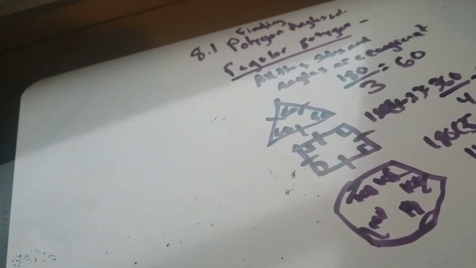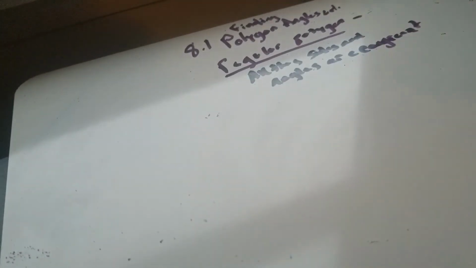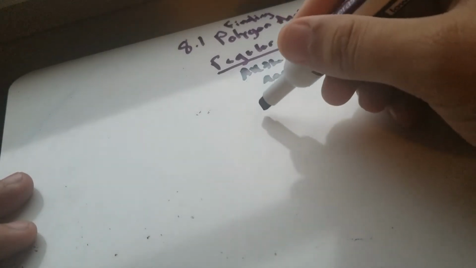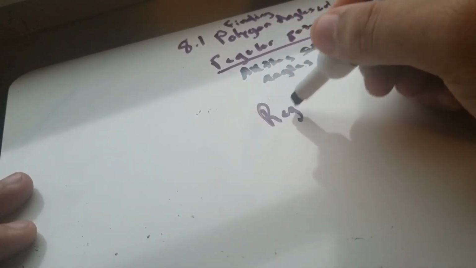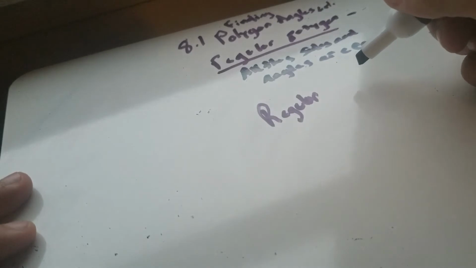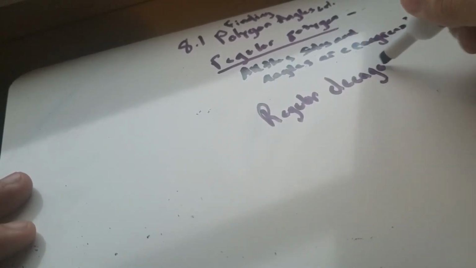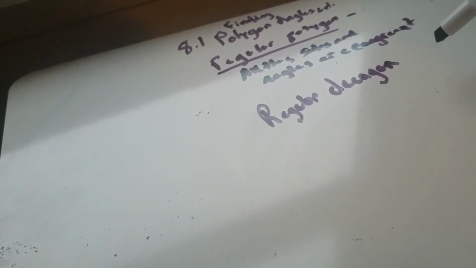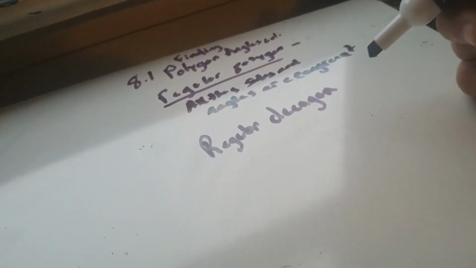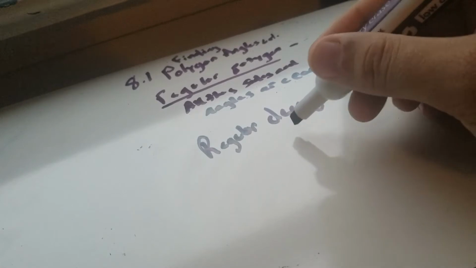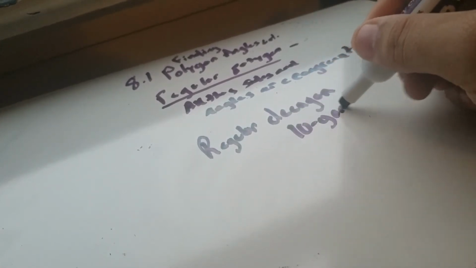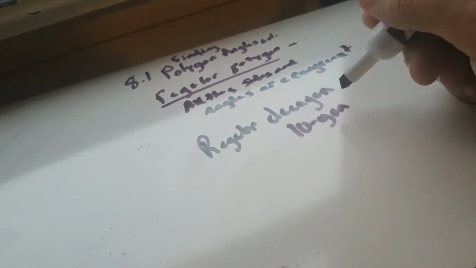Okay, so literally your sample question will simply be this. Please tell me, how big is a single angle in, let's say, a regular decagon. So regular decagon, first off, we've got to remember what a decagon is. A decagon happens to be a 10-sided shape.